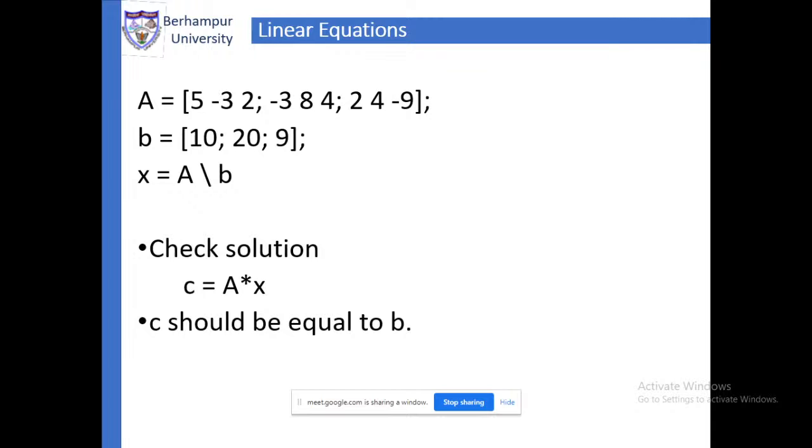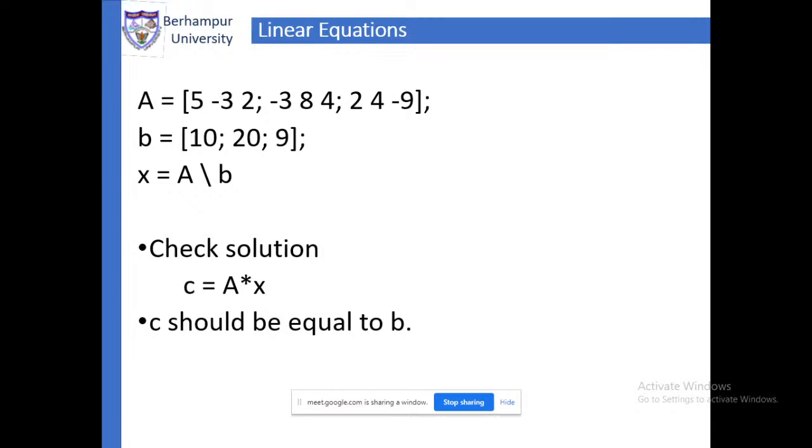Then for the second equation, it is in the second row, therefore we will give a semicolon, which means we are starting the second row. The coefficients of x, y and z are minus 3, 8 and 4. So that constitutes the second row.